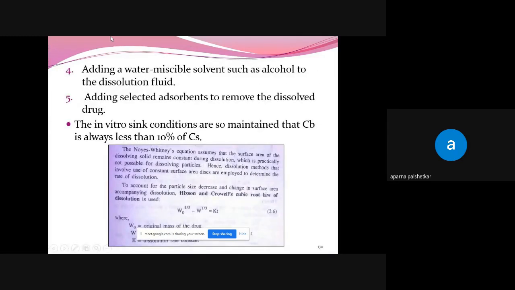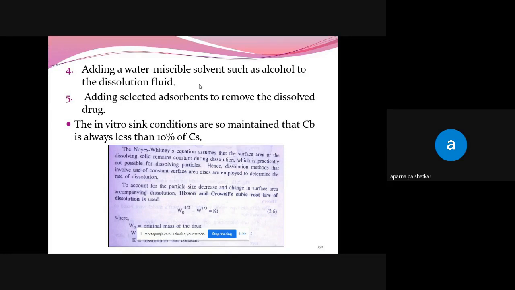Then in your dissolution media, to improve the solubility of the drug, we add around 0.2% of Tween 80 or Tween 20, which will increase the solubility of the drug inside the system. Even if I'm carrying out a dissolution study for dermal products, the reported dissolution medium as per pharmacopoeia is octanol.